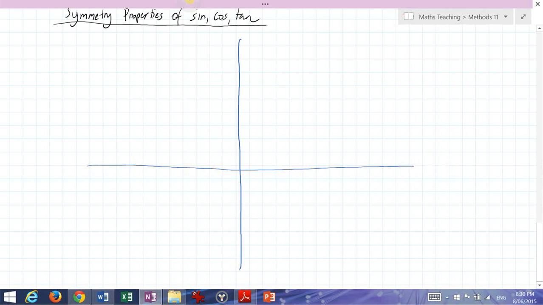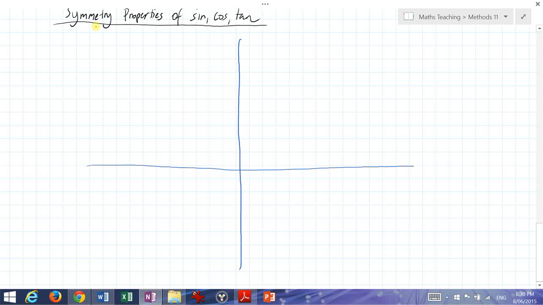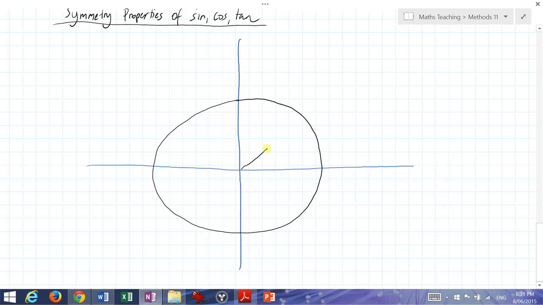Here's a line. Here's our circle. We said that this is the unit circle. It has a radius of 1. Okay?